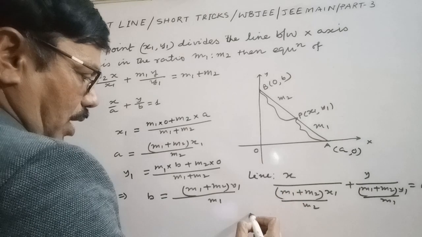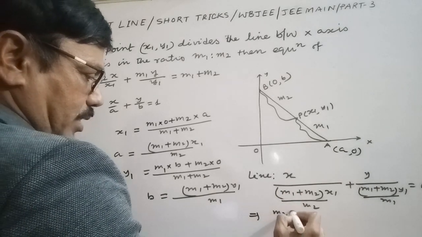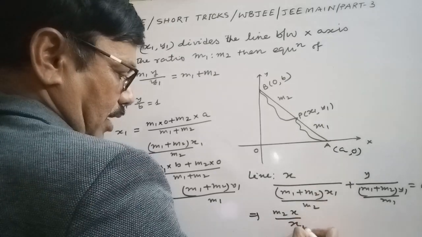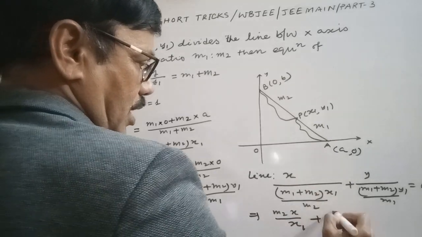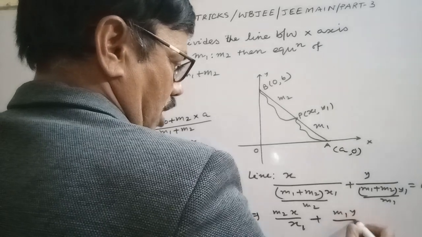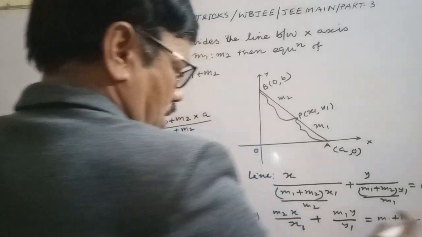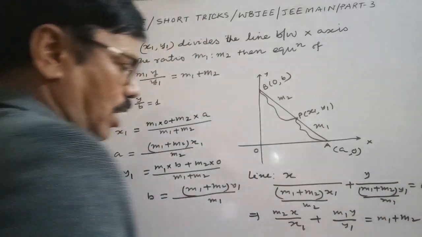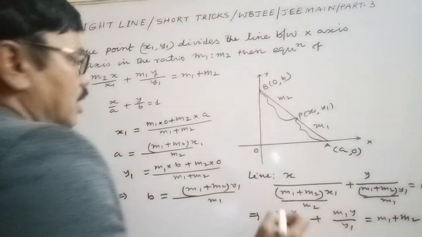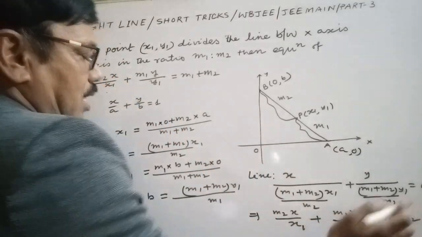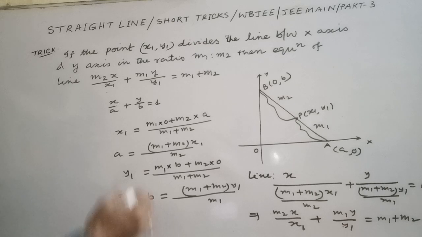Now if we simplify, we get m2x by x1 plus m1y by y1 equals m1 plus m2. Transferring m1 and m2 to the right hand side, m2x by x1 plus m1y by y1 equals m1 plus m2.